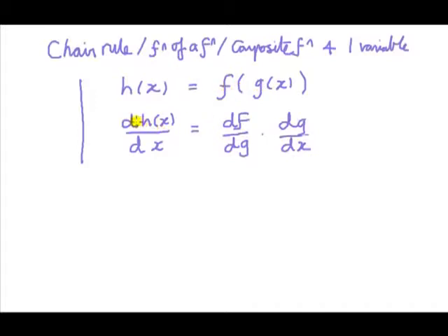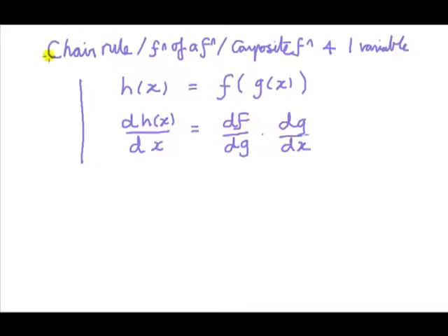And then the rule is that if we want to find the derivative of this function h with respect to x, it is df by dg times dg by dx. If you're looking at this function of a function for the first time, it looks a bit confusing, so we'll present some examples so that you get an idea of what this means. How do we memorize this?